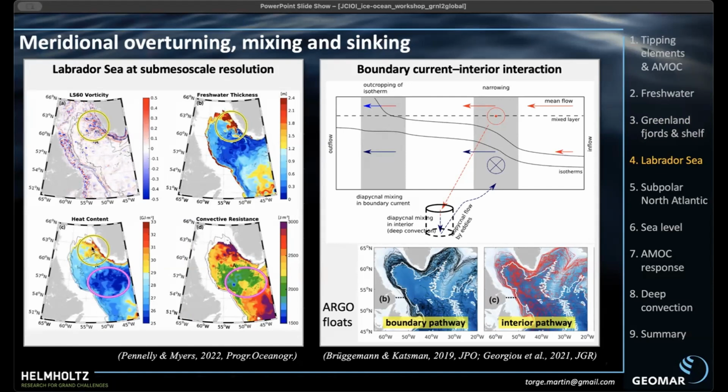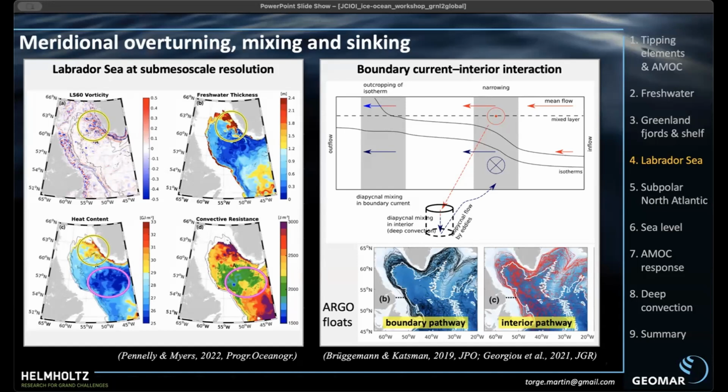And the heat is picked up basically from the Atlantic water further out along the shelf slope, whereas the fresh water is from the polar water on the shelf. And this is mixed in the very north of the Labrador Sea, and that's why we don't see deep convection there. But further south, in the green area, convective resistance is much lower. So the water column is much more homogenized, and the heat content is much less because it's ventilated to the atmosphere.